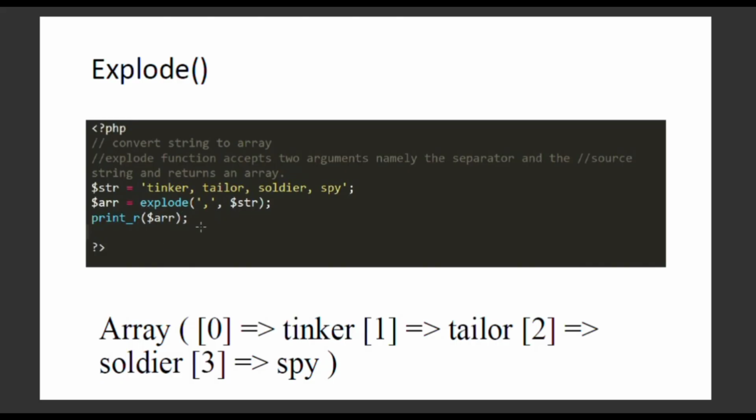Explode means the converted array, and in single quotes I have defined this string, and using the explode function that separates by comma, it returns an array of the elements like tinker, tailor, soldier and spy. Here you can see.